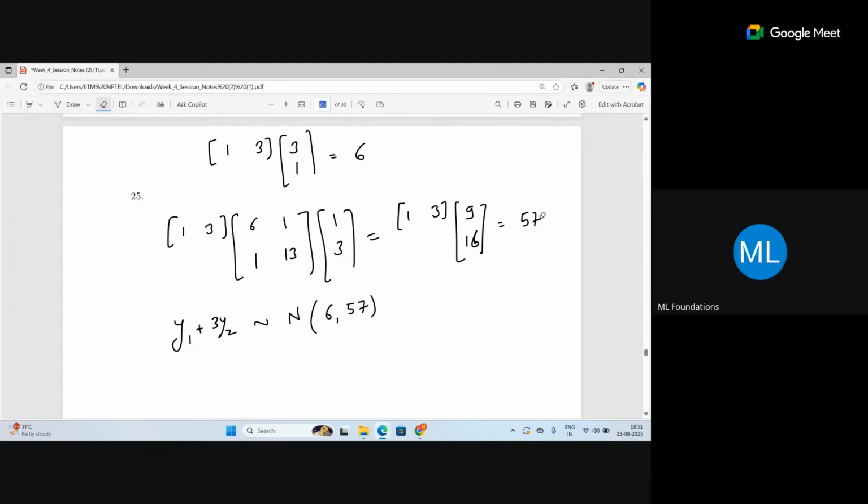I used the last row wrong, so this was wrong. The variance is 40, and then it will be 9 plus 120, so it is 129, correct? Yeah, sorry. So this is the distribution.